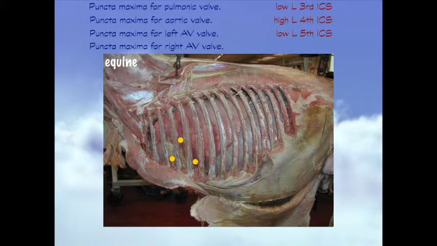Some of you might have learned it as P-A-L, or if you're thinking of the left atrioventricular valve as the mitral valve, then maybe P-A-M. Now the right atrioventricular valve we're going to find on the right side, and it's going to be low in the right third or fourth intercostal space.